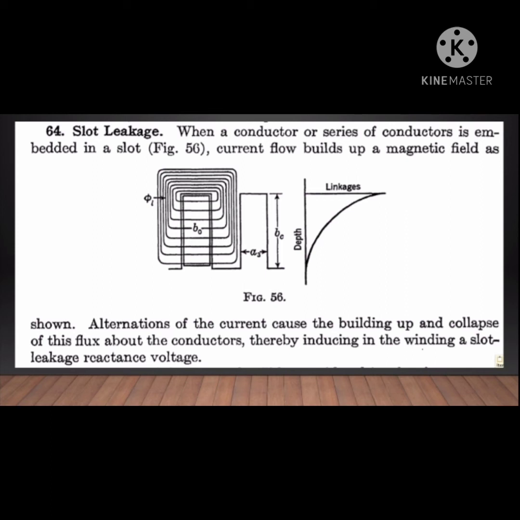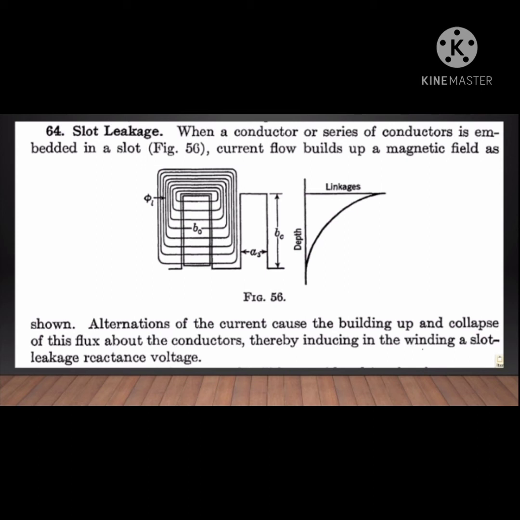So, alternations of the current cause the building up and collapse of flux about the conductors, thereby inducing the winding as slot leakage reactance voltage.